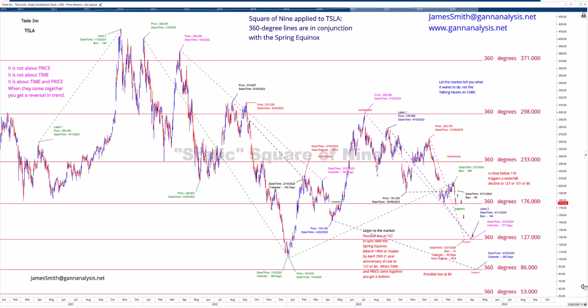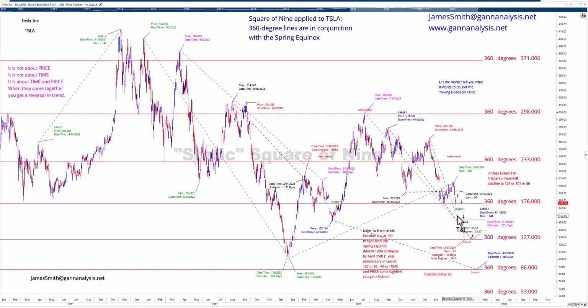And we've had some bad news about Tesla, eco-terrorists are blowing up facilities in Germany. You can imagine if they keep doing stuff like that, it's going to be very costly for Tesla. But I'm not concerned with the fundamentals. I'm concerned with what the stock actually does in relation to the square of 9.